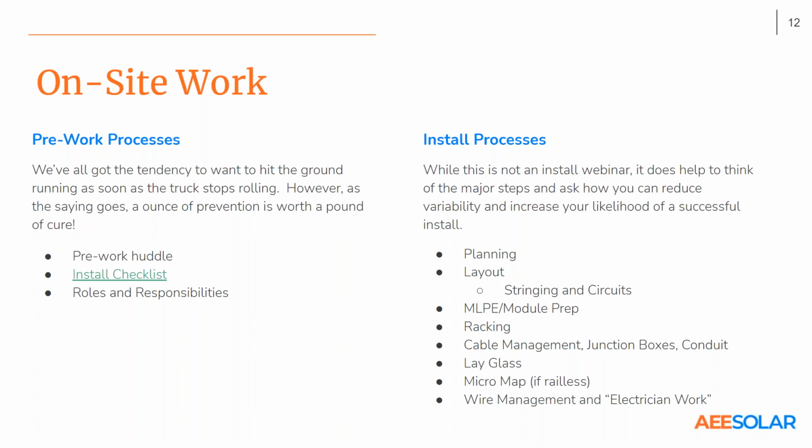We will talk about making a microinverter or an MLPE map and how critical that can be. And then finally, we'll talk through some wire management and what I would call finish electrical work. This is really where the inverter commissioning picks up and takes over. So this is going to be the meat and potatoes of our presentation today. So let's just go ahead and dig in.